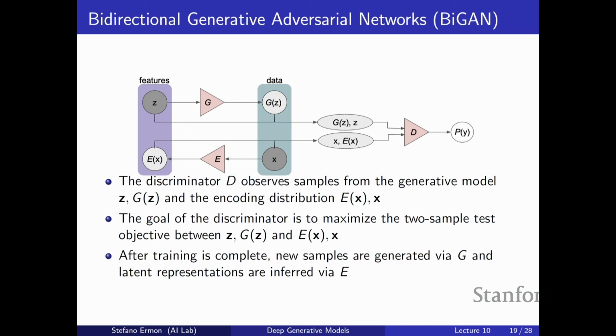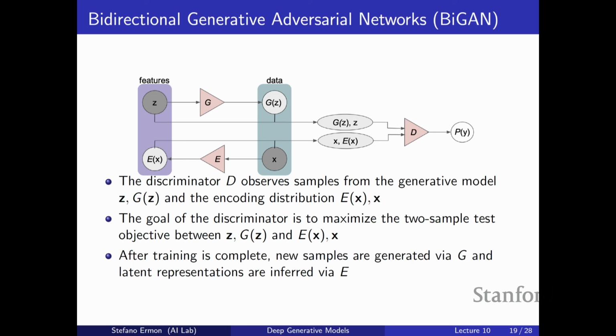It's pretty simple. It's kind of like an extension of GANs, where you have another mapping, which is also deterministic, going from data to latent features, and then you let the discriminator operate not only on data, but on data and latents. To the extent that the discriminator cannot distinguish the Z's that are produced by the generative procedure from the Z's that are produced by the encoder, then you might expect that the encoder is producing latent representations that are similar to the ones the GAN would have used for generating a data point.